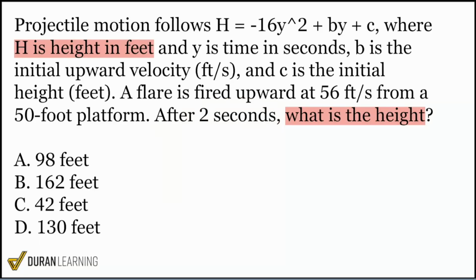So before I continue, are we in agreement that in the equation h equals negative 16t squared plus bt plus c, we are looking for h? Can we feel secure and good about that before we get started?